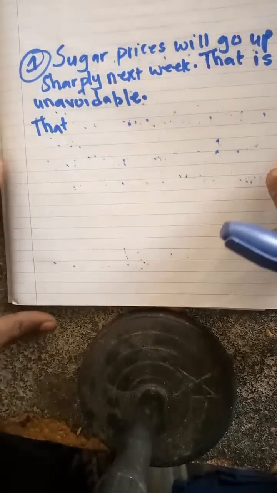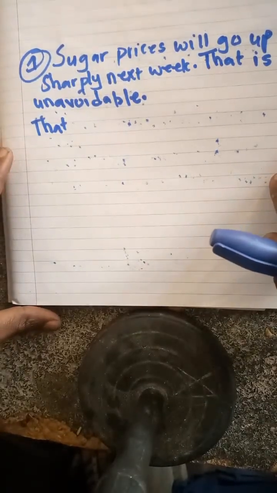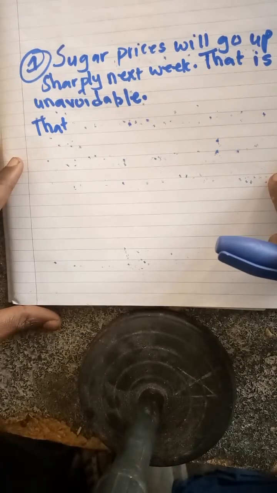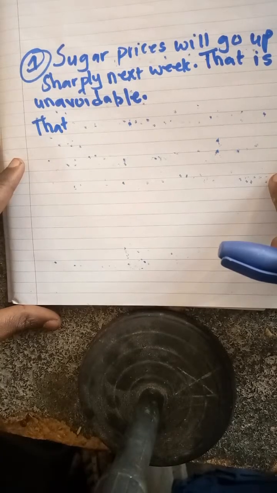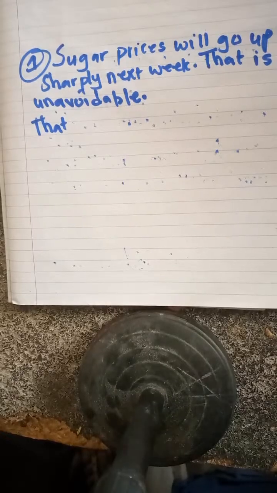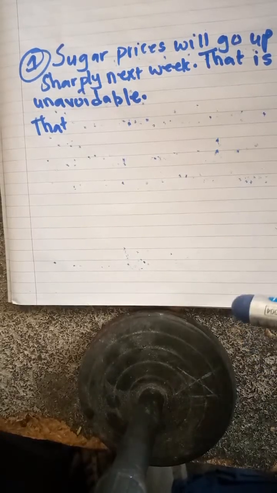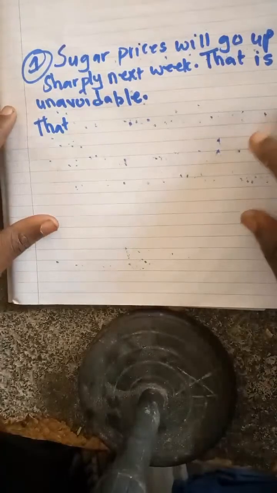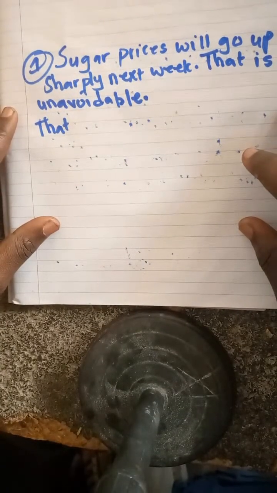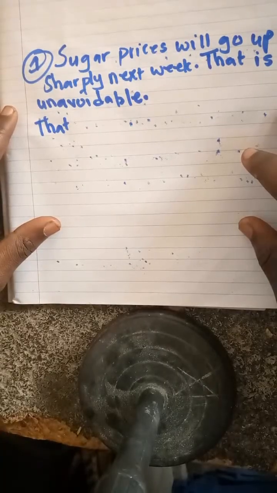It reads sugar prices will go up sharply next week. That is unavoidable. Sugar prices will go up sharply next week. That is unavoidable. Begin that. Remember our equation. That must be followed by what? Okay, someone has tried.